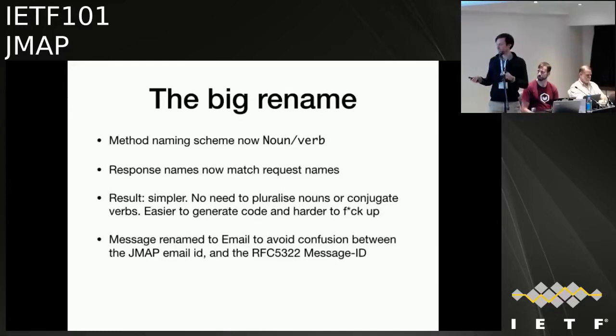And we also renamed the message object, which represents the RFC 5322 message in JSON, to email, because each object in JMAP has its own ID, and it was confusing a lot of people, the difference between the JMAP email ID, as it's now called, and the RFC 5322 message ID. So they now have different names, and hopefully that will make it slightly less confusing.